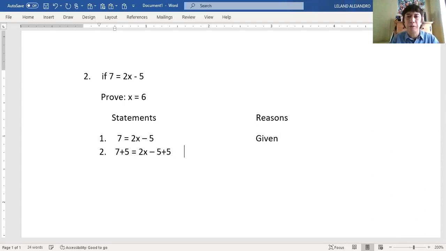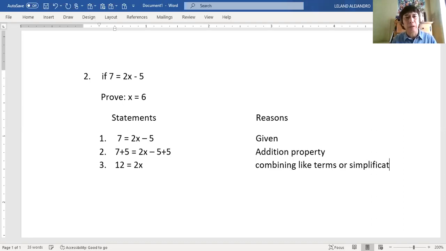And of course, the reason here will be addition property. There. And we're going to end up with 12 equals 2x. And this is just by way of simplification or combining like terms. So you can write there combining like terms or simplification.